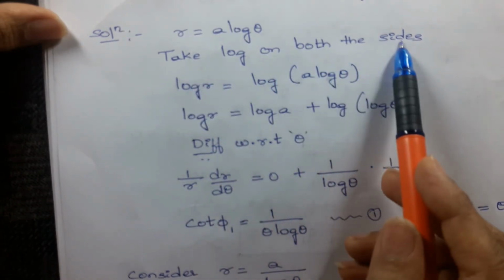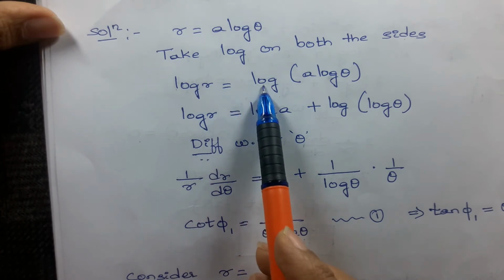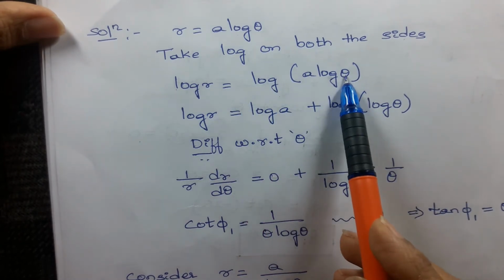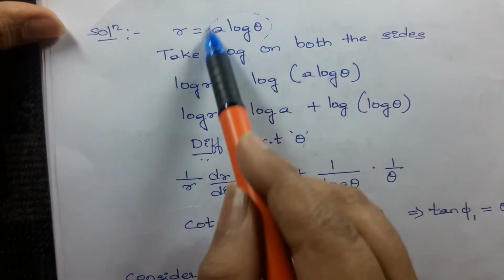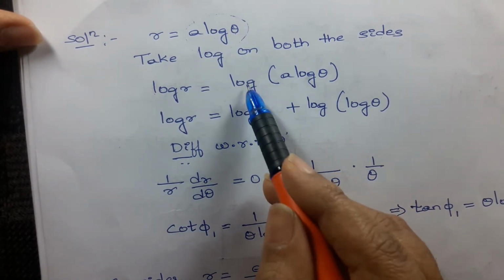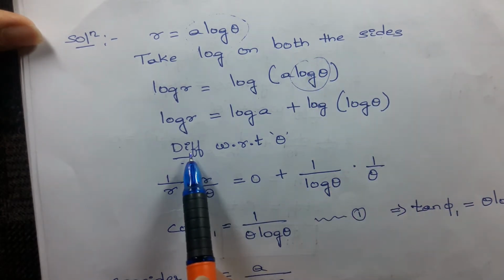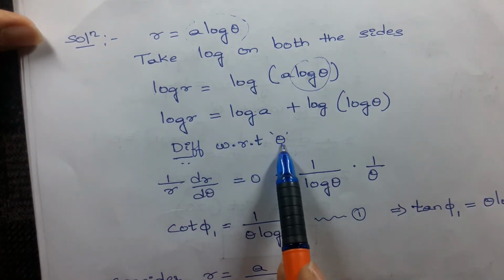Take log on both the sides. Log r is equal to log of a log theta. To this I have applied log. So I will get log a plus log of log theta. Now I will differentiate with respect to theta.